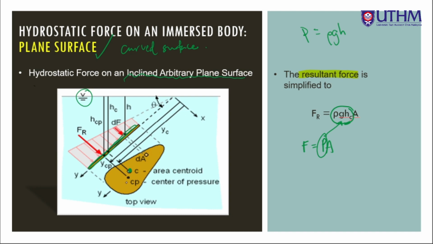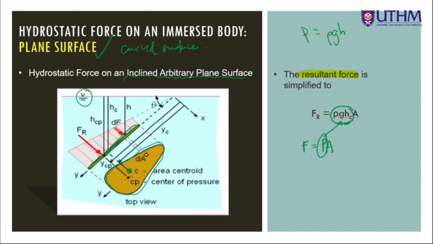Okay, contohnya macam bentuk ni. Ni plane surface ni, bentuk dia actually bila kita tengok from side view is something like this. Okay, dia bukannya rectangular ke apa, dia arbitrary plane surface. Dia can be any shape. So for the sake of example, kita consider shape dia bentuk macam ni. So centroid dia adalah kat sini. So kalau kita tengok dekat plane ni dari side view, dia dekat sini lah.